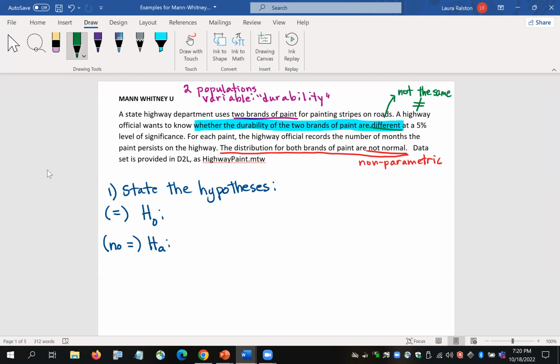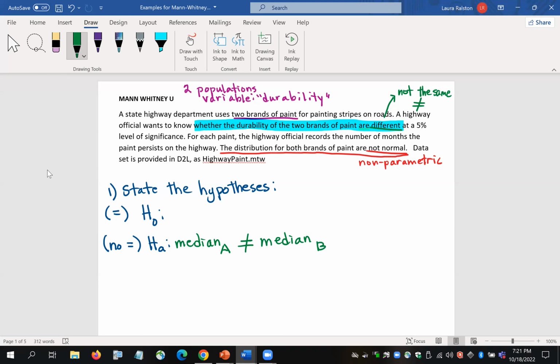Now, it just says I have 2 brands of paint, so it could be brand 1, brand 2. I happen to know that in the data set, they call it brand A and brand B. So what we're saying here is that the median for brand A does not equal the median for brand B. The other difference, the fact that we're doing a non-parametric test, means we're comparing the medians, not the means.